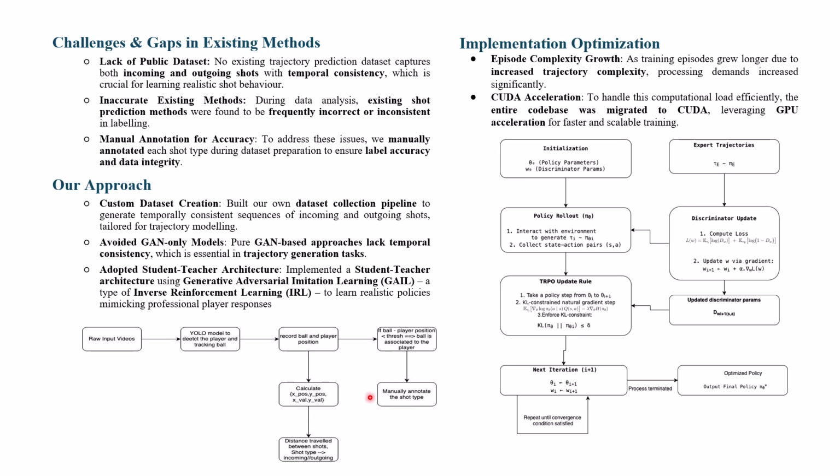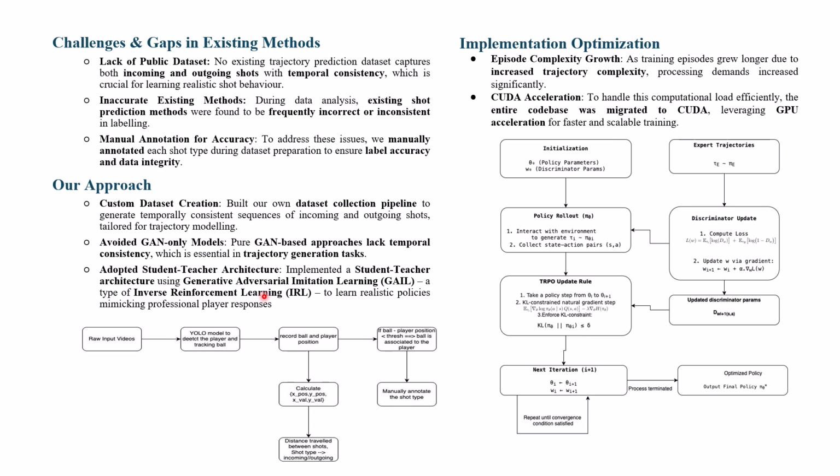To manually annotate the shot type, we rely on this condition: where the distance between the ball and the player is less than the threshold, we pick that frame and manually annotate it to a specific shot.